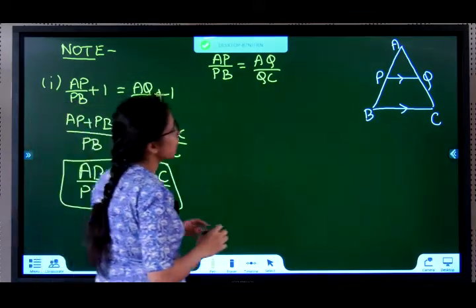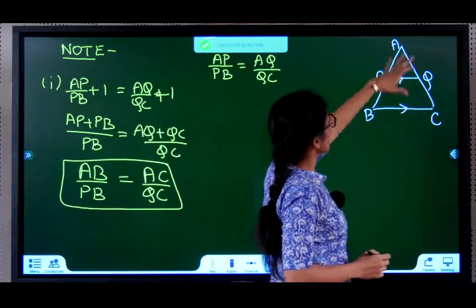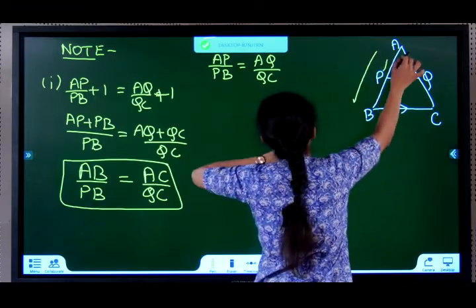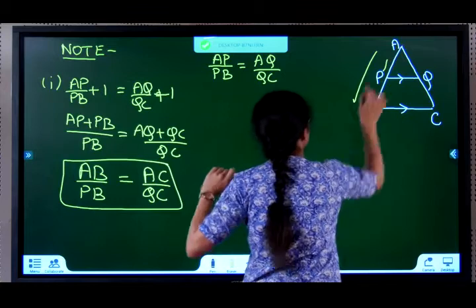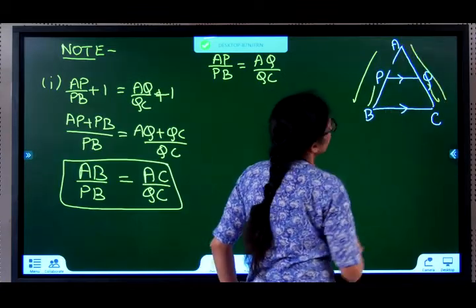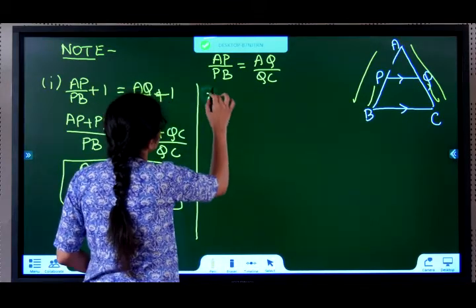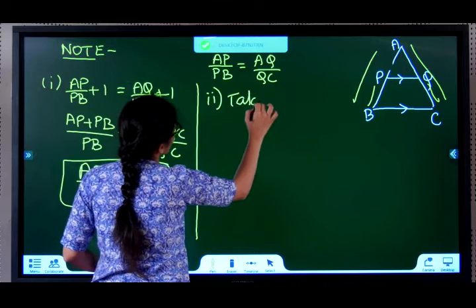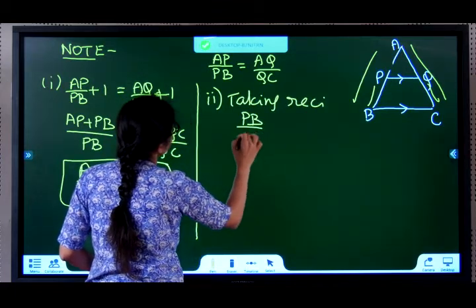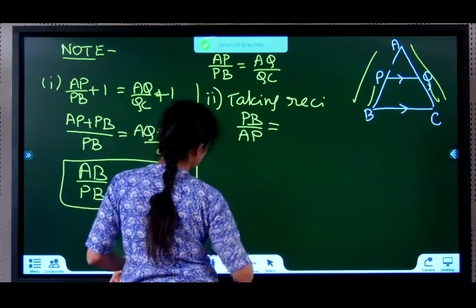Right? So, not just AP by PB is equal to AQ by QC, we can say this whole thing by this is equal to this whole thing by this. What can we say about the other part? First take reciprocal. Taking reciprocal, we get PB by AP is equal to QC by AQ.